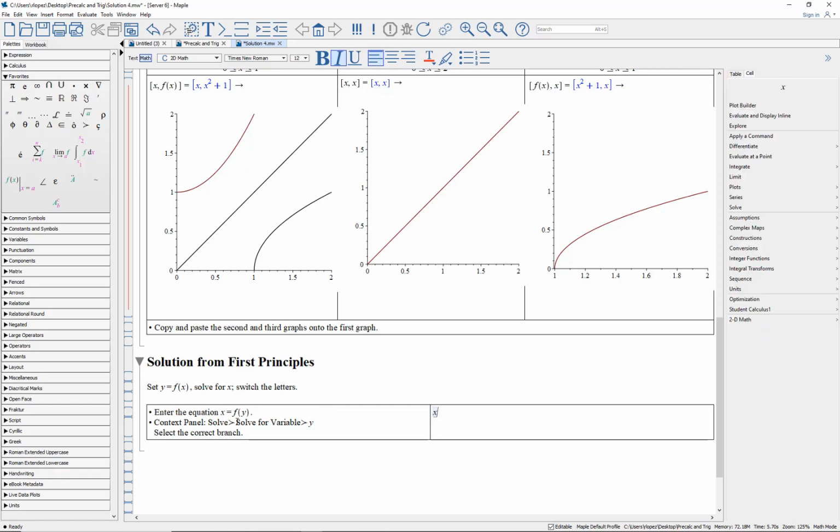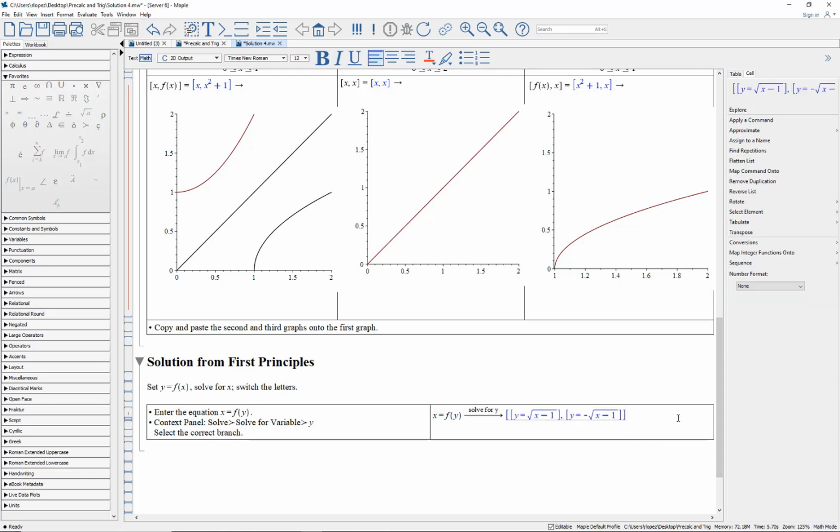So I write x equals f of y, and I'm going to solve for y. So I get two solutions, positive square root of x minus 1, negative square root. And for what we saw in the tutor, and graphically, we want the positive branch, y equals root x minus 1.